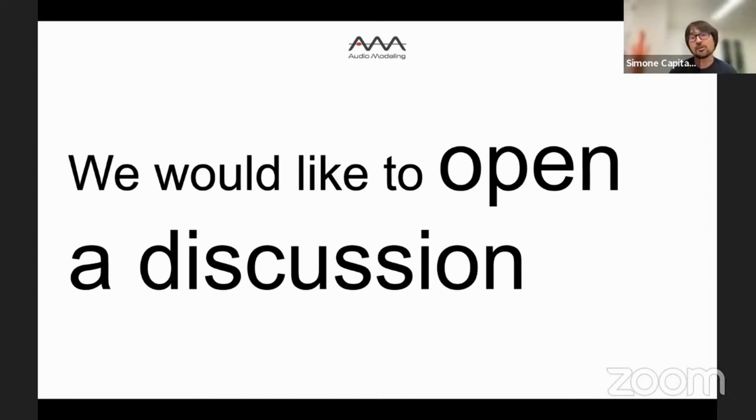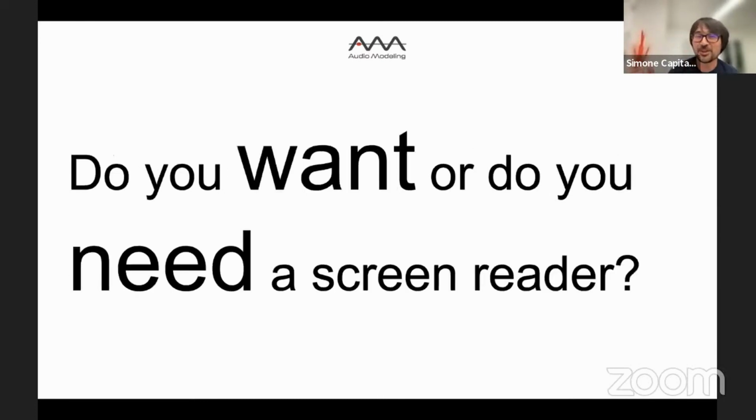And the goal today is also to start a discussion and also to continue the discussion with many people in the industry, and also having the possibility to meet for those who will come to the ADC in London at the accessibility booth, because we want to learn more about accessibility and do more. So this is the goal of this discussion.